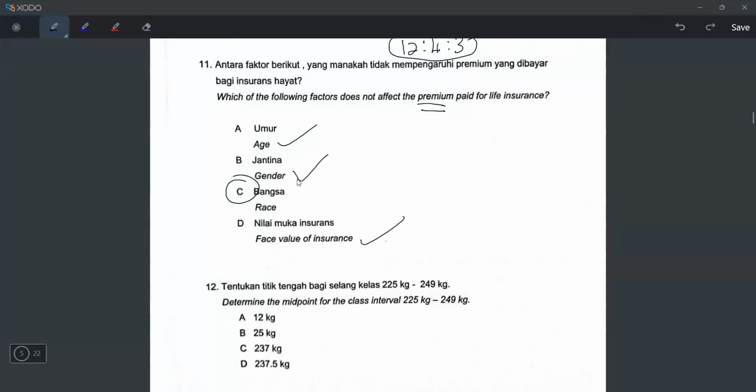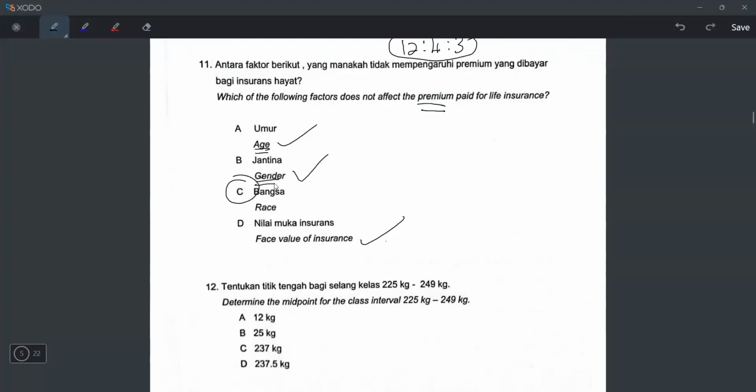I think this one is not much to explain. You just have to understand the concept of insurance. When they look at the life insurance premium, they will look at things like smoking status or age. Age is important because if you are older, your risk is higher, depending on what type of insurance you buy.